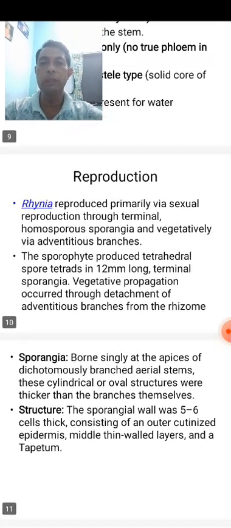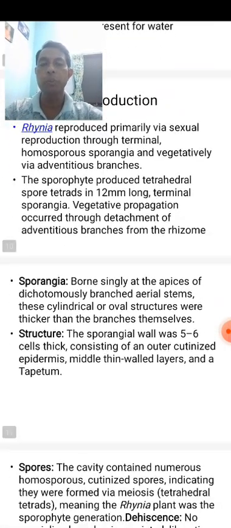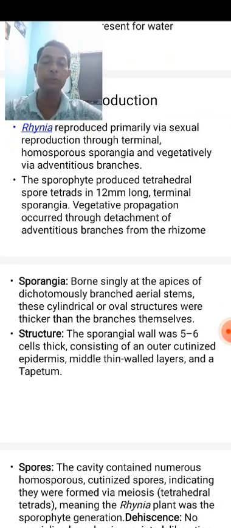In sexual reproduction, the sporangia are the most important organ produced. Sporangia are borne singly at the apices of the dichotomously branched aerial stem. These cylindrical or oval structures were thicker than the branches themselves.